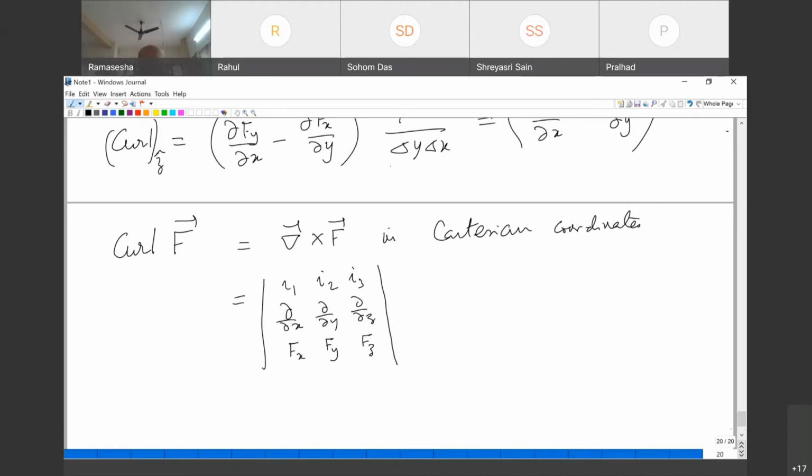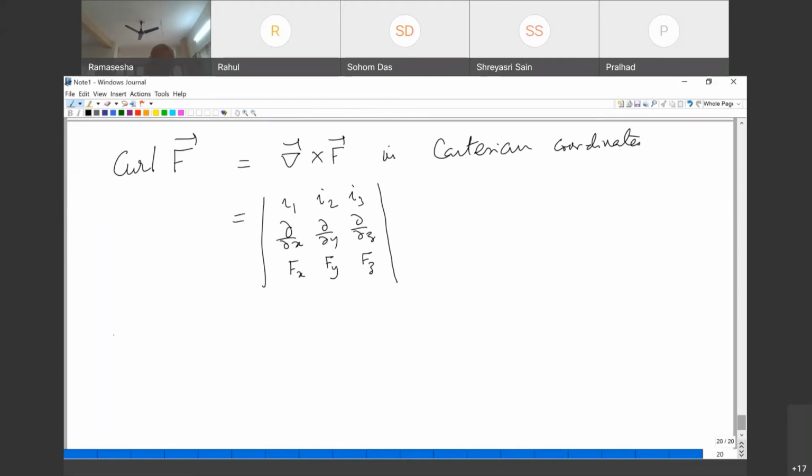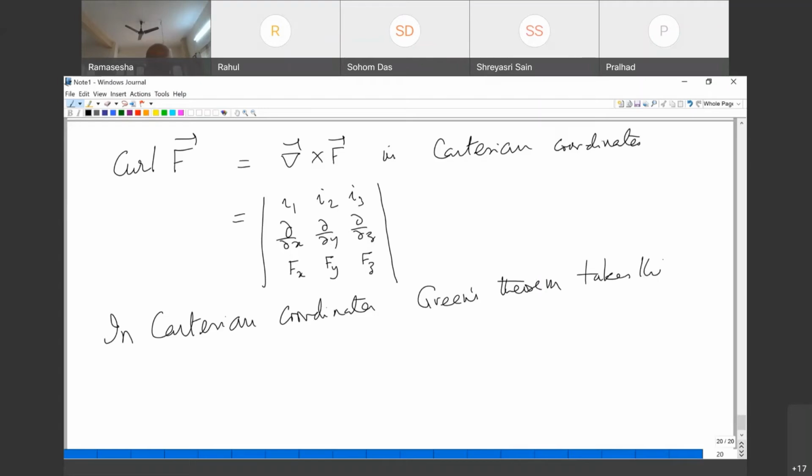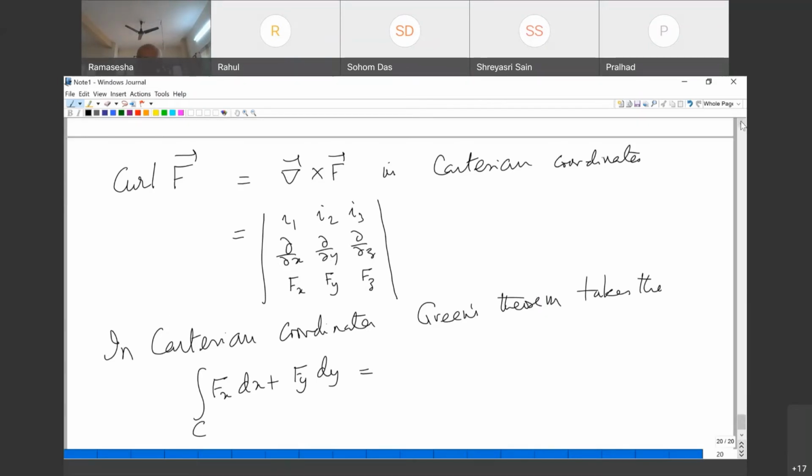So in Cartesian coordinates, Green's theorem takes the form: the integral of fx dx plus fy dy around a closed loop is equal to, what did I have for the Green's theorem?